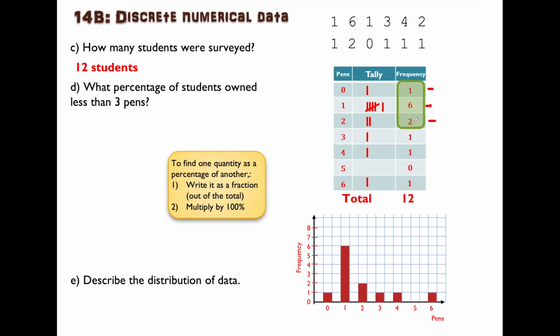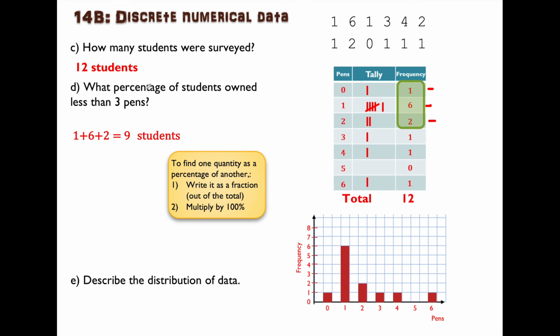All of these students, 1 student plus 6 students, plus another 2 students, own fewer than 3 pens. How many are there? There are 9. 1 plus 6 is 7, plus 2 is 9 students own fewer than 3 pens.